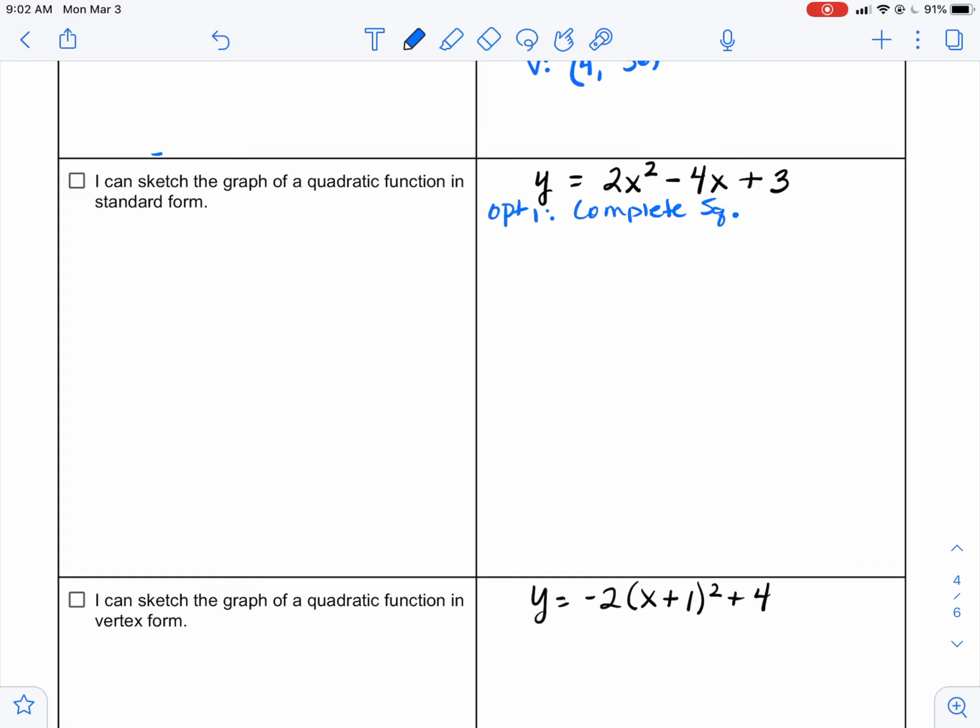So again, the first step is to move your C over on there. And then again, remember, one of the things here is we cannot have this as a number other than 1.